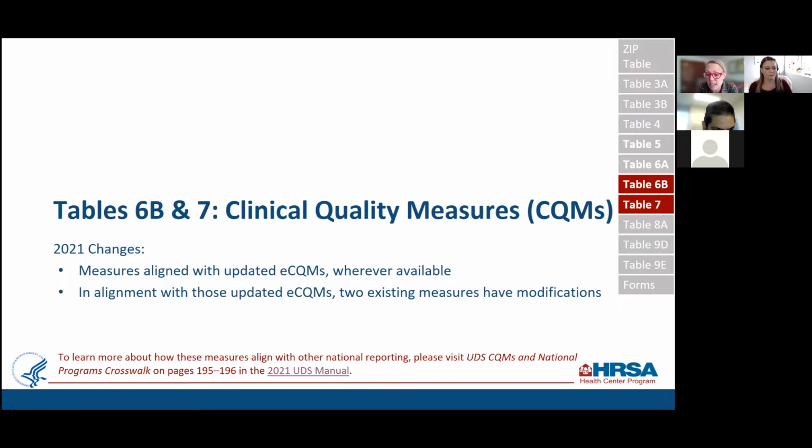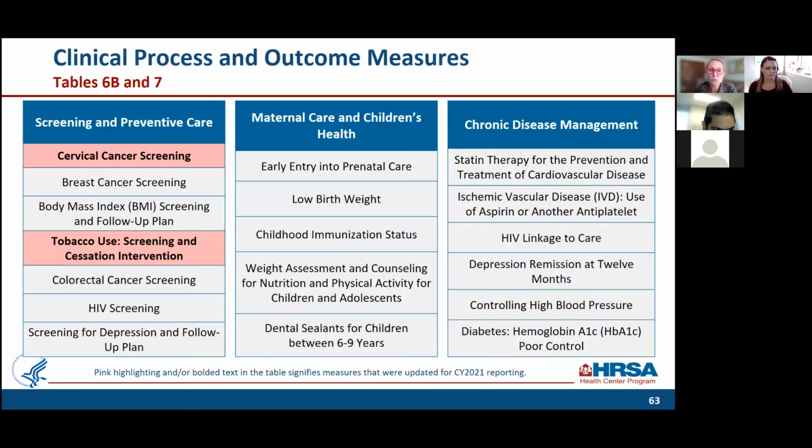We're going to go into that a little bit here in a moment, but of note, you seasoned folks that have been doing UDS a lot, I want you to know that 2 measures have somewhat substantive updates because of that alignment with the electronic clinical quality measures, but for the most part, they remain the same.